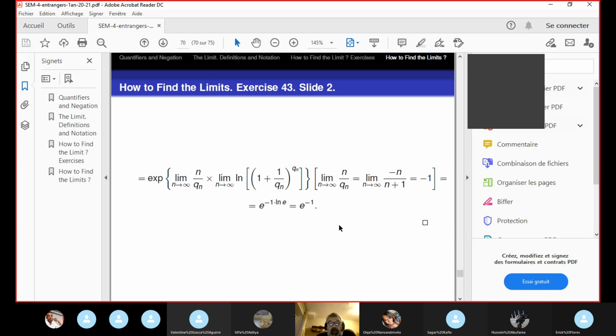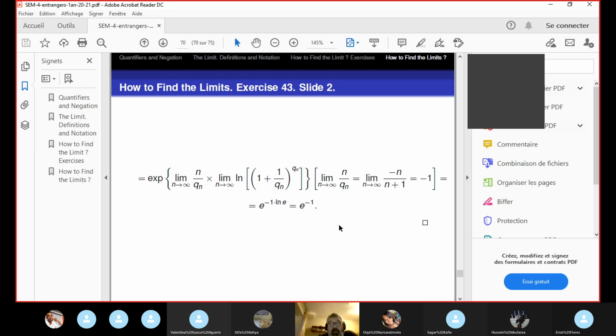As for the second limit, first of all, in this case we have to put the limit as n goes to infinity in the logarithm, because this logarithmic function is also continuous for rather large x or rather large n.